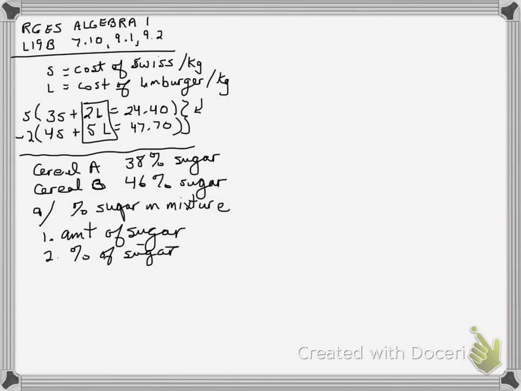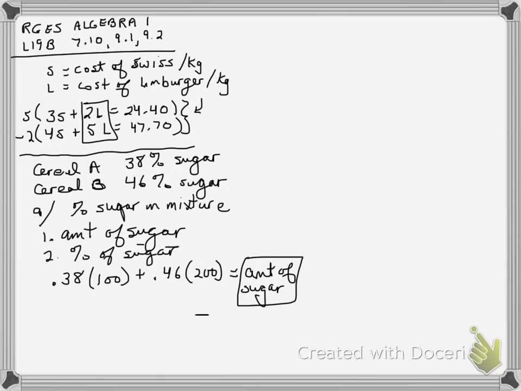To figure out the amount of sugar, I would have to take 0.38, the percent of sugar in A, times the amount of A, which they give me as 100 grams. So that would give me the amount of sugar in A, plus 0.46, the percent of sugar in B, times the amount of B, which they give me. And that's going to give me the amount in B, and this will give me as an answer the amount of sugar in the mixture, which is step 1.